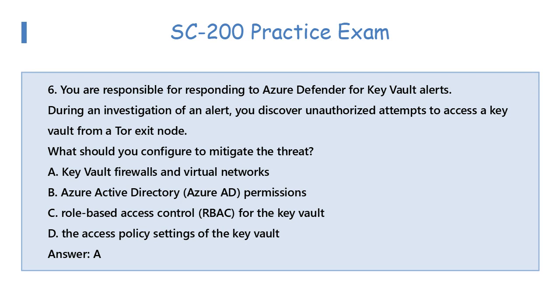6. You are responsible for responding to Azure Defender for Key Vault alerts. During an investigation of an alert, you discover unauthorized attempts to access a key vault from a Tor exit node. What should you configure to mitigate the threat? A. Key vault firewalls and virtual networks.